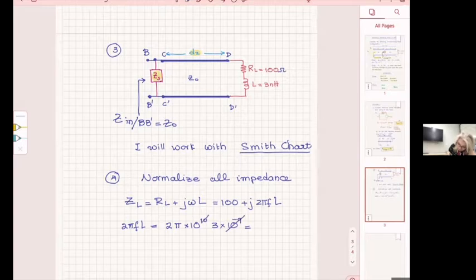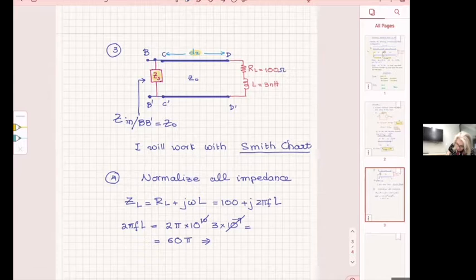So that gives me 60 pi, which is equivalent, let me see, 60 times pi equals 188 approximately.